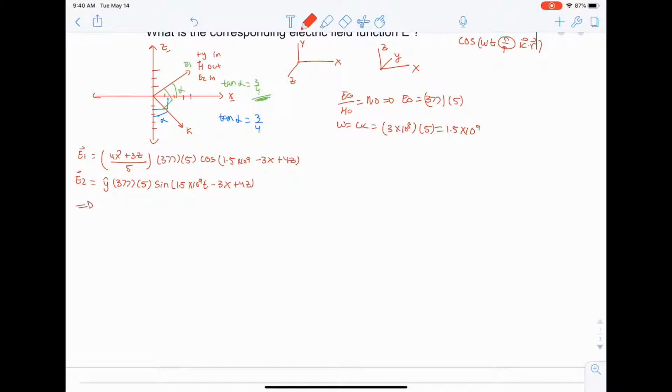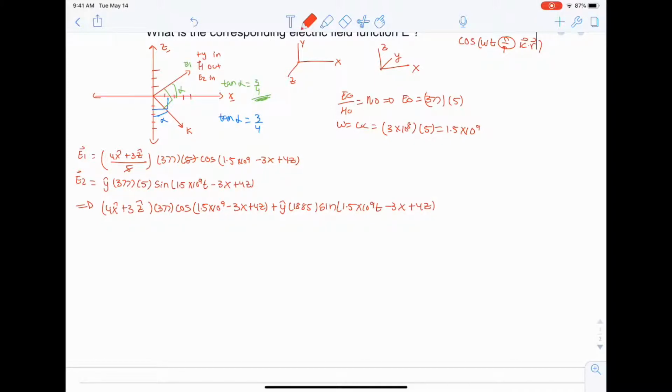And all that together, the 5's cancel out, so it's 4x hat plus 3z hat times 377 cosine of 1.5 times 10 to the 9 t minus 3x plus 4z, plus y hat 1885 sine of 1.5 times 10 to the 9 t minus 3x plus 4z.